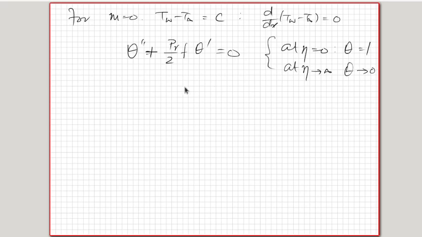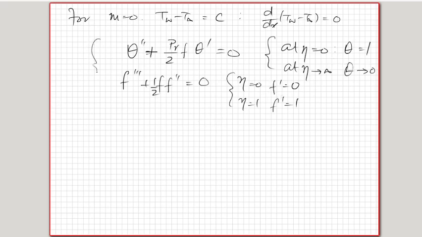Okay, so if I look at this in comparison with the first equation for fluid mechanics that we got, f triple prime plus half f f double prime is equal to 0, with at eta equal to 0, f prime equal to 0, and at eta tends to infinity, f prime equal to 1, I'll find that the two equations will be identical when Prandtl number is equal to 1, provided f prime is 1 minus theta, right?